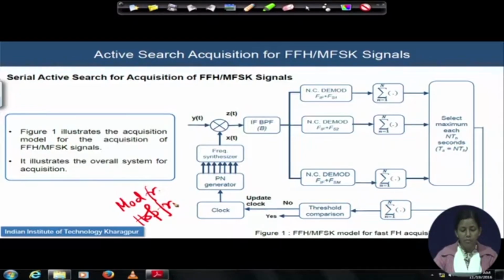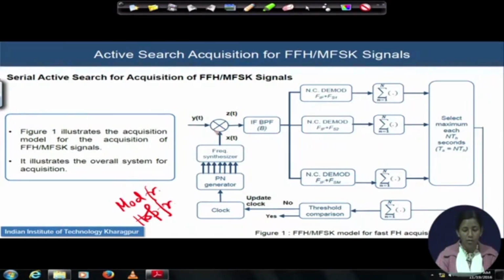The frequency synthesizer will generate that hop frequency. So, of these two different frequency terms inside the incoming signal, we are now multiplying mainly with the hopping frequency to de-hop the signal.